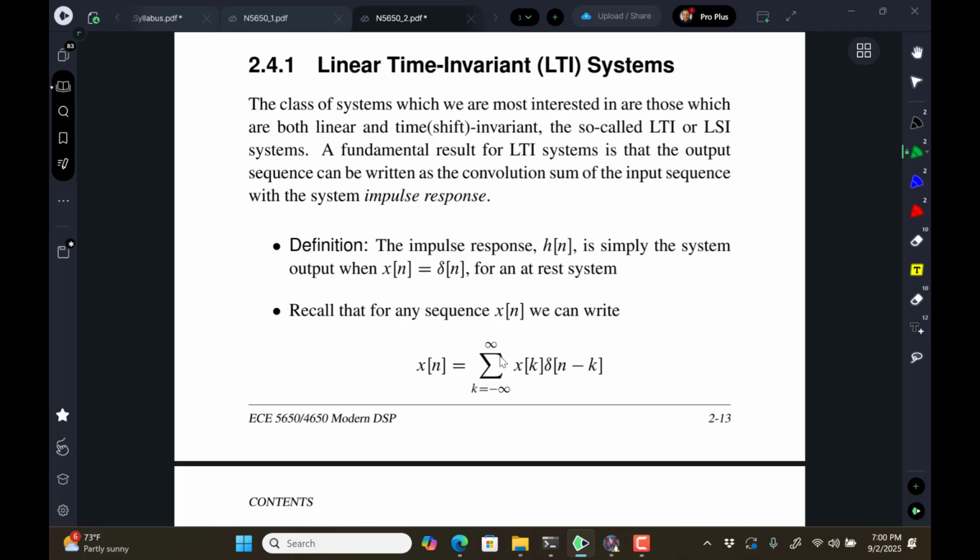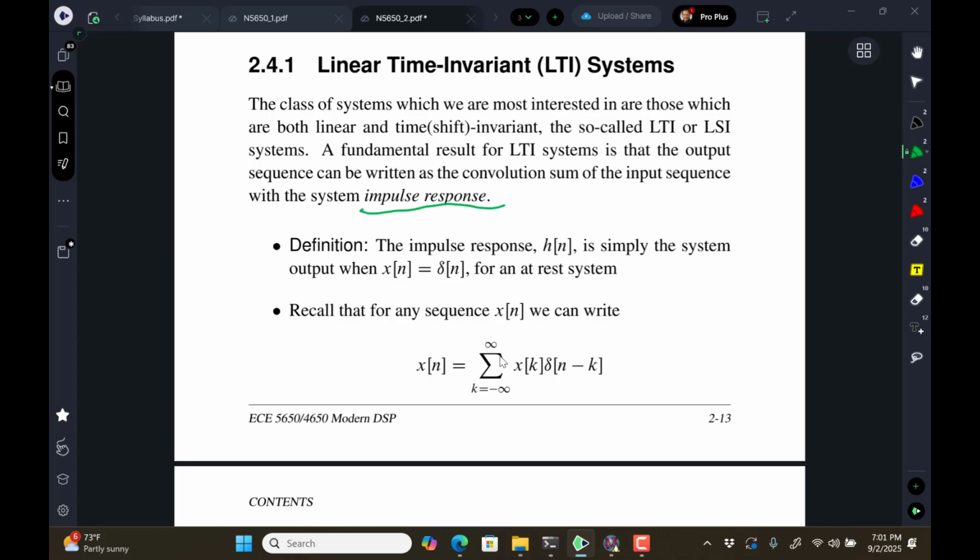So what is linear and time invariant? That's where the system is both linear and time invariant, and then it has extra nice qualities to it. It happens to be our most common type of system that we study in this class. Linear and time invariant systems can be characterized by a system impulse response, which is like the signature of the system.